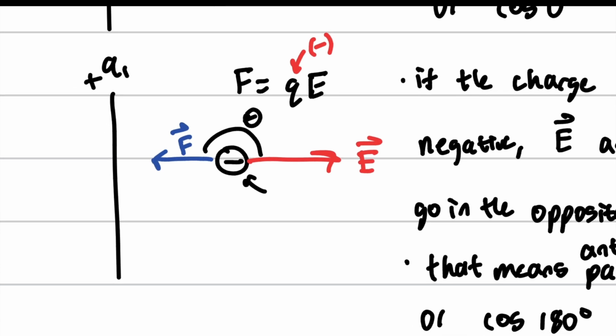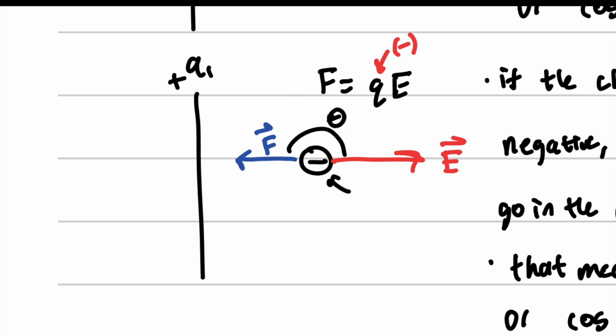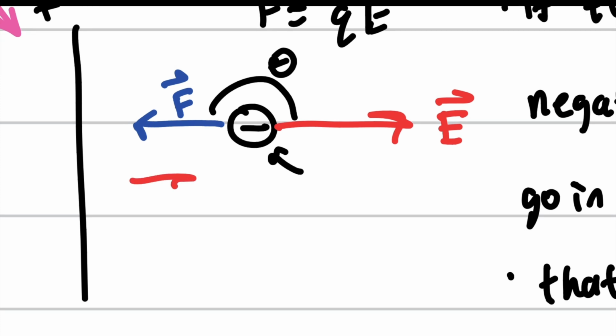And this makes sense, right? So the E field is going this way, the force is going that way, and if we looked in reverse and saw this guy, now this is getting confusing, and you can just skip over this if this confuses you. But if you see this as the thing making the electric field, you see how the electric field is going this way?